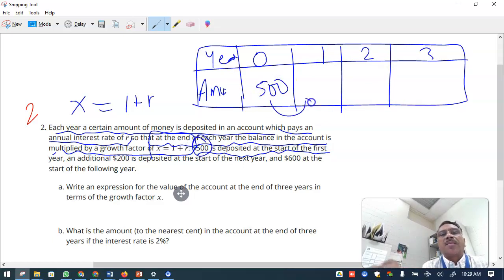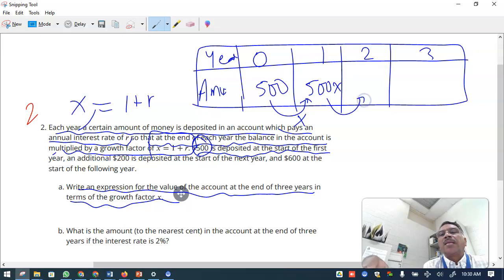Now this 500, I think there is one place where it speaks about how much it is. Okay, it doesn't tell. So write an expression for the value of the account at the end of 3 years in terms of the growth factor. The growth factor is x. When you multiply it with this amount, it will be 500x.